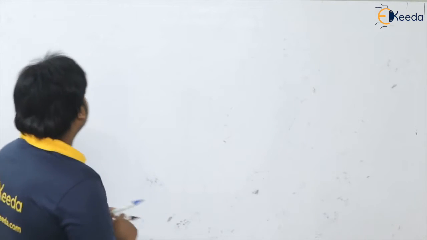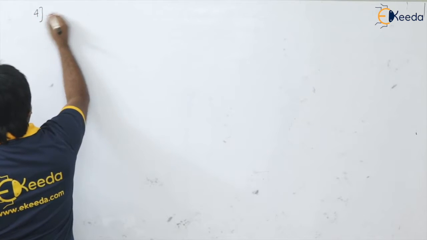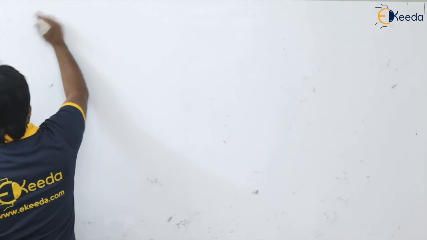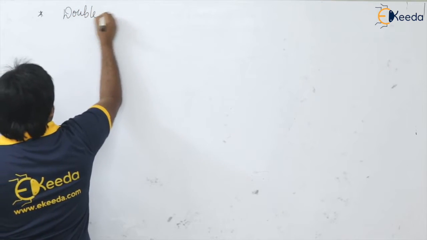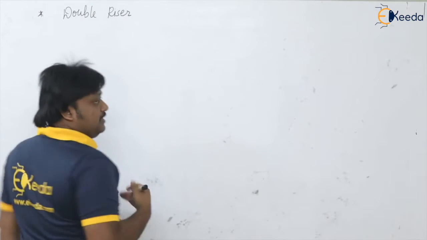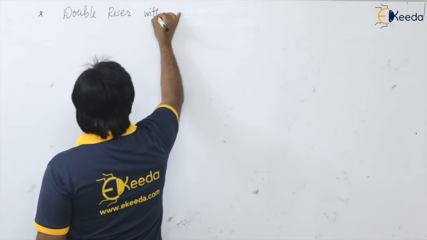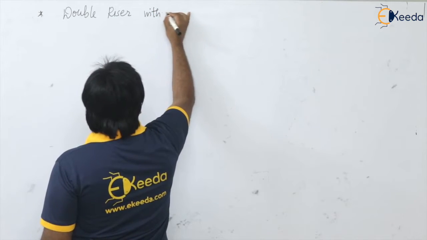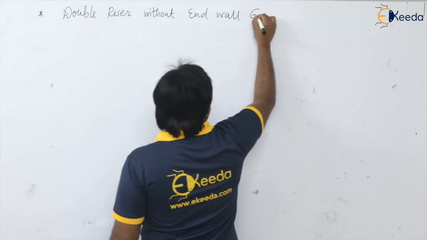Okay, so now I have the fourth condition, or I can have it as a separate topic, the double riser, and the same conditions we will see for double riser or two risers, without end wall gradient.